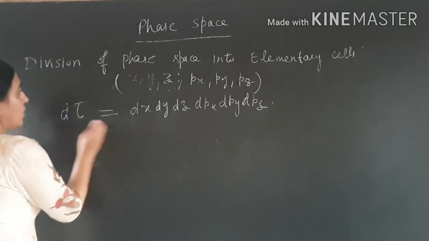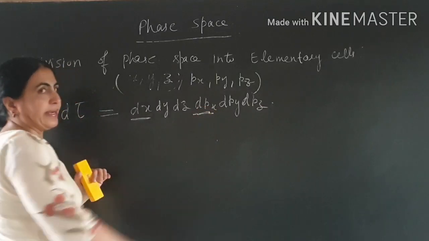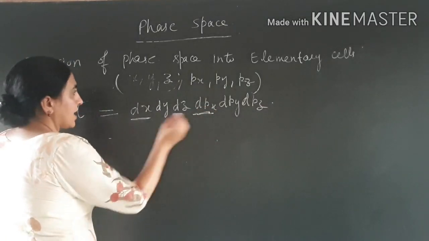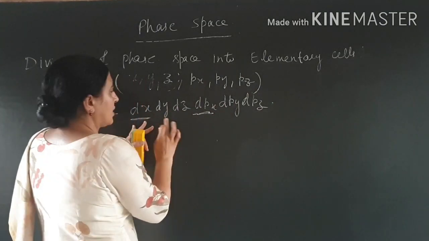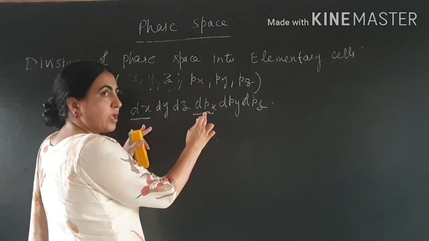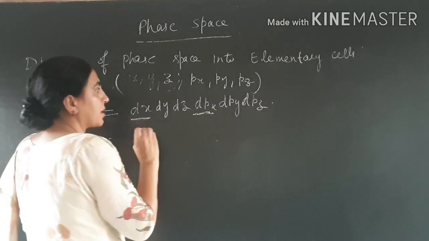Clear? Now we know that this is length and this is momentum. And this whole term, a length multiplied by a small momentum, is represented by h naught.